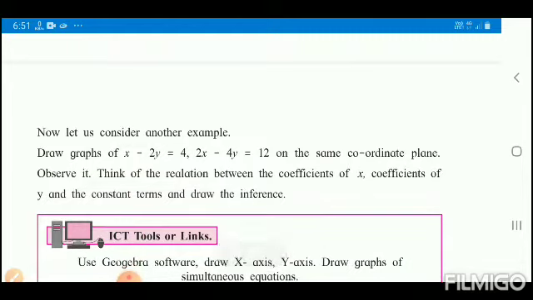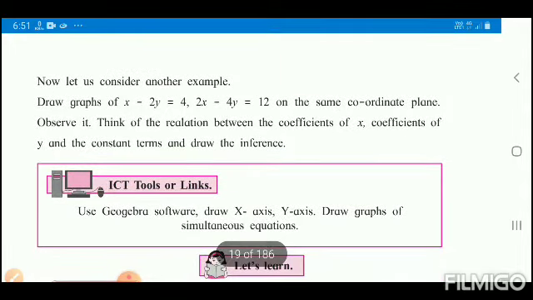Now let us consider another example. Draw the graph of x minus 2y is equal to 4 and 2x minus 4y is equal to 12 on the same coordinate plane. Observe it. Think of the relation between the coefficients of x and coefficients of y and the constant terms, and draw the inference, meaning what is the difference between them.